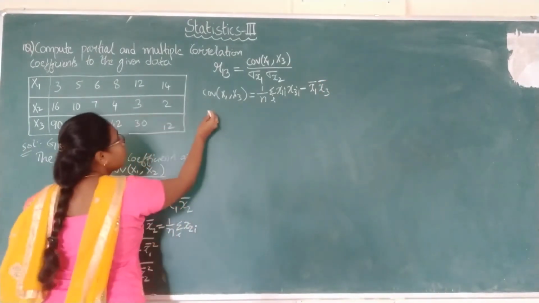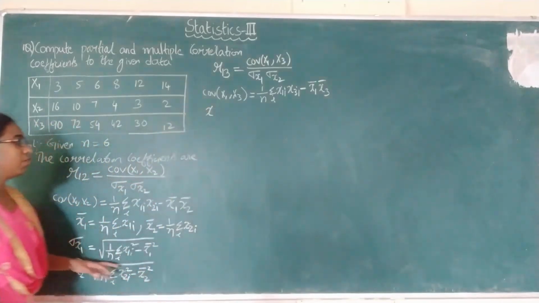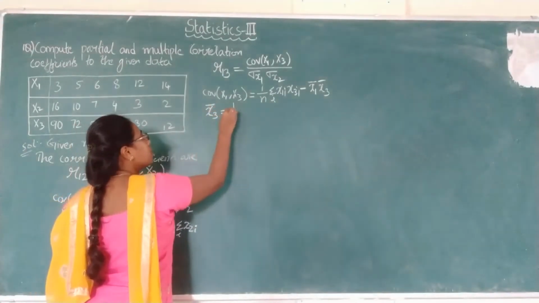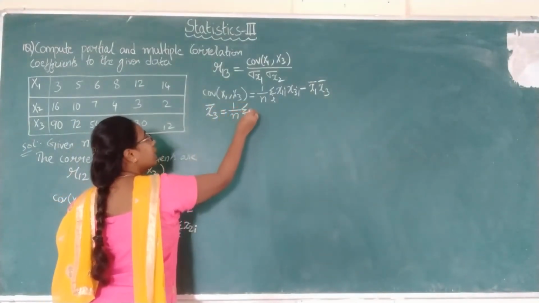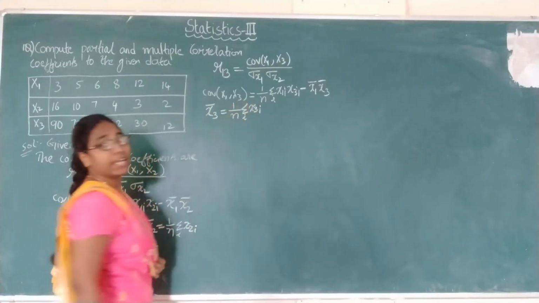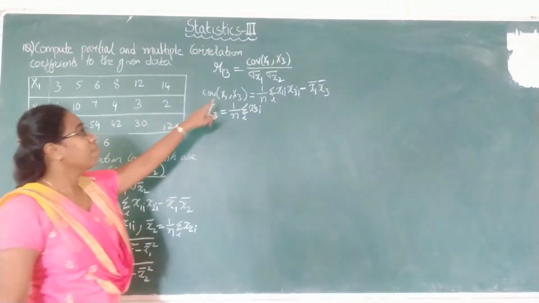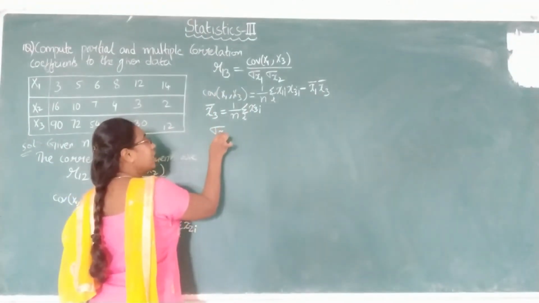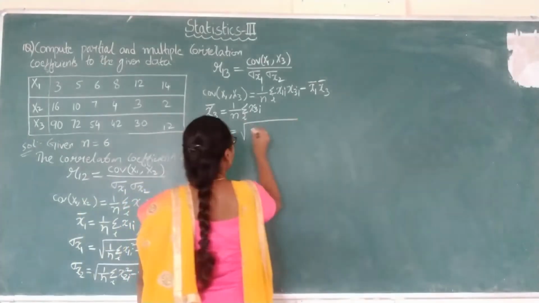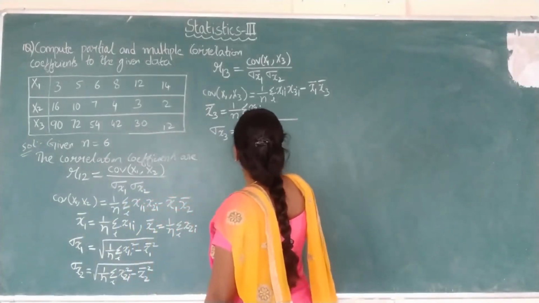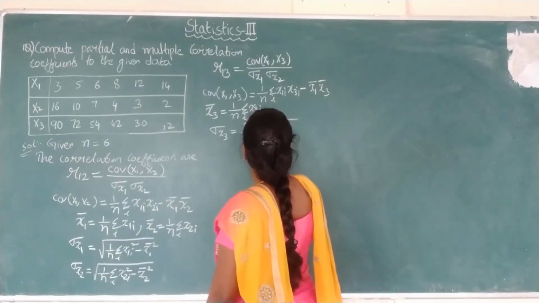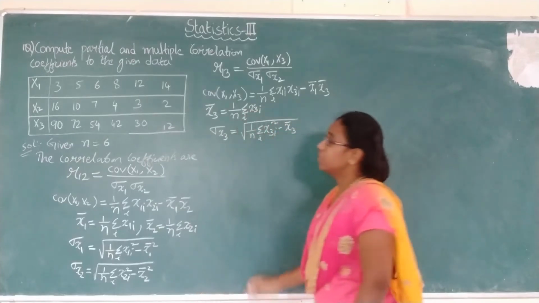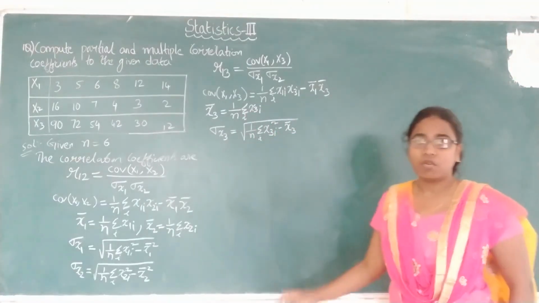We already have the formula for x1 bar. Now the formula for x3 bar equals 1 by n summation over i of x3i. We have also written the sigma x1 formula. Write down sigma x3 equals the square root of 1 by n summation over i of x3i square minus x3 bar square. So this is the correlation coefficient for R13.